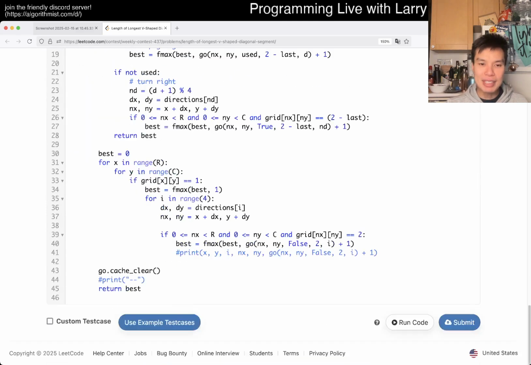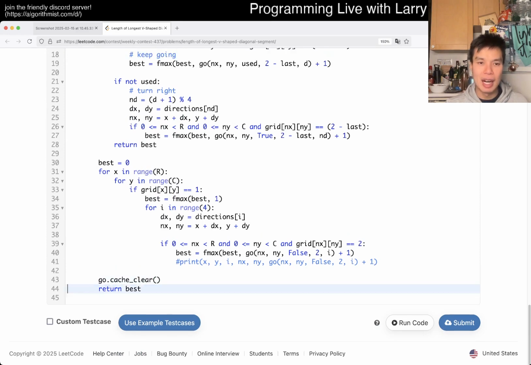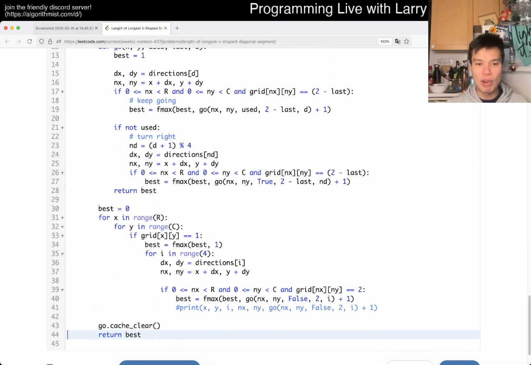After that, it is just dynamic programming, as I said. There are a couple of pieces. One is to start off at the number 1, so if it's number 1, then the answer can at least be 1, which is nice. There are a couple of ways you can kick this off, but the way I chose is this way. You have dx, dy, nx, ny for the direction.